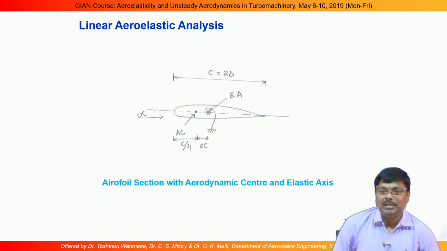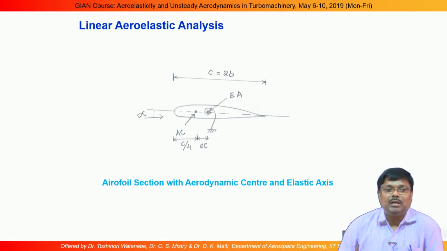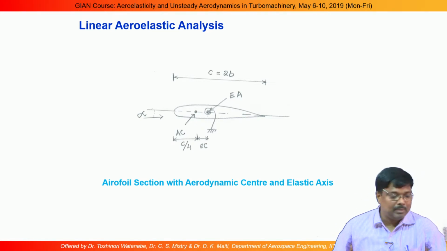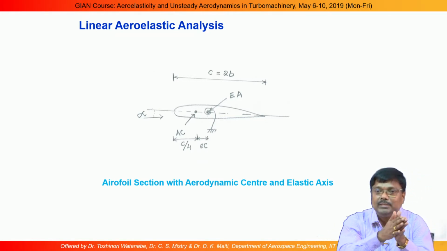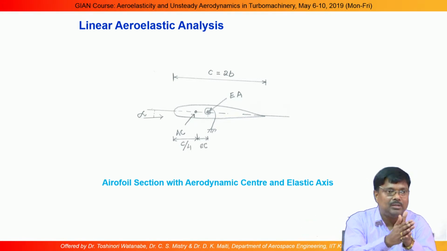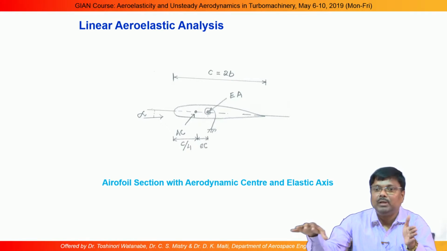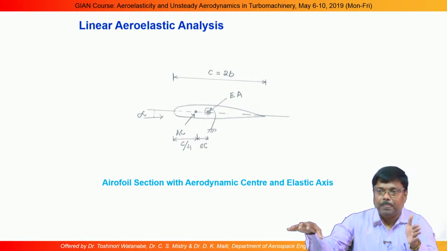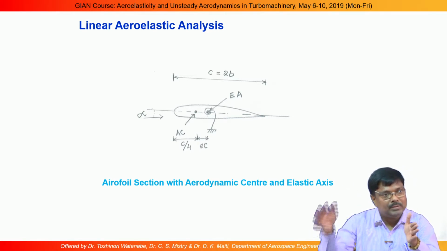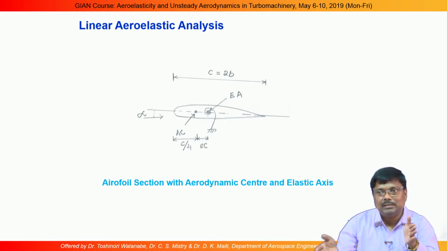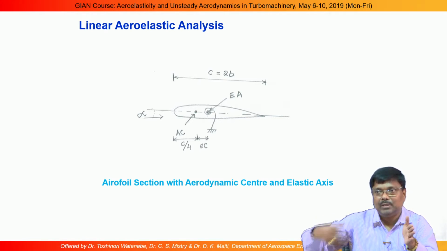What I am considering here is a thin aerofoil. The aircraft wing is connected to the fuselage, and the fuselage is acting like a support. So, for a wing it is a cantilever wing, and this cantilever wing will have bending stiffness in this direction, and then torsional stiffness.